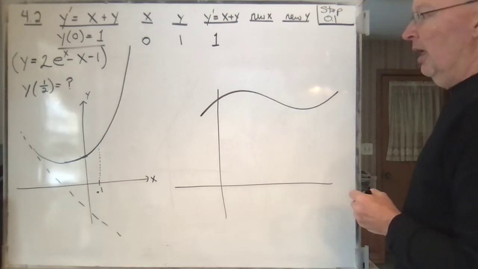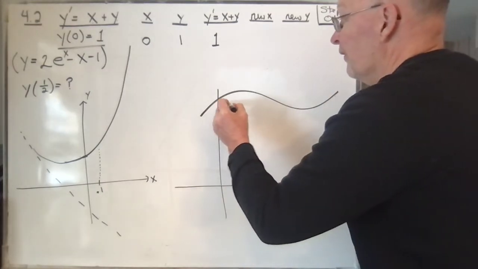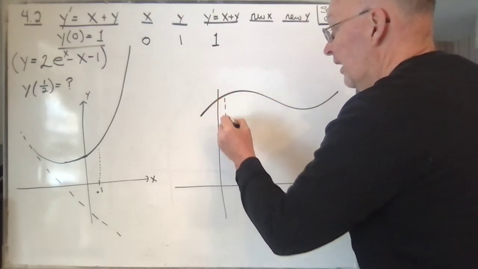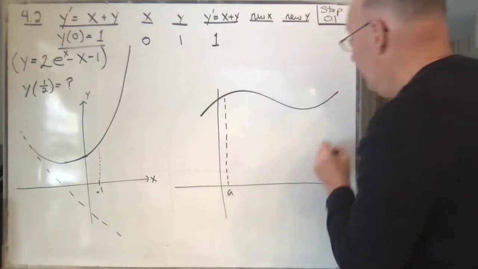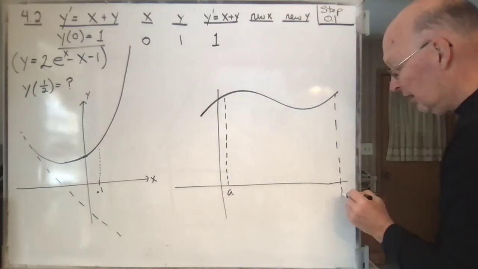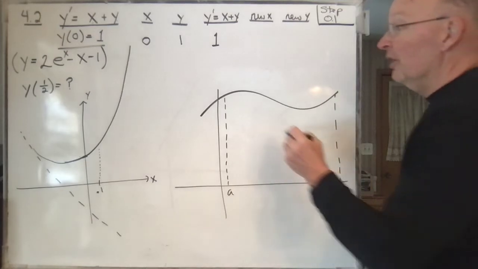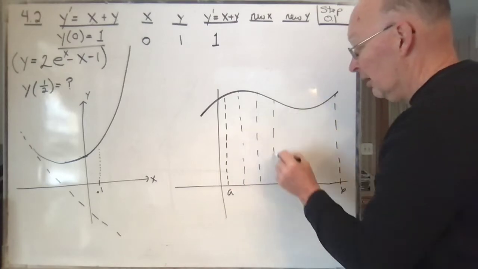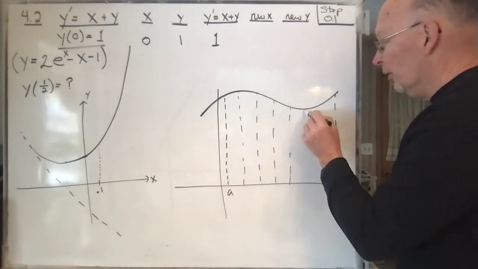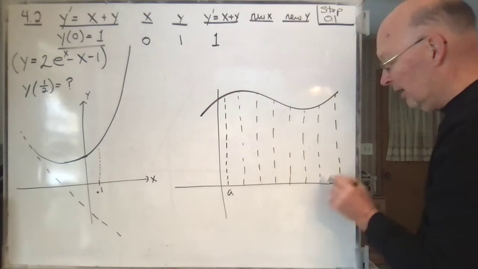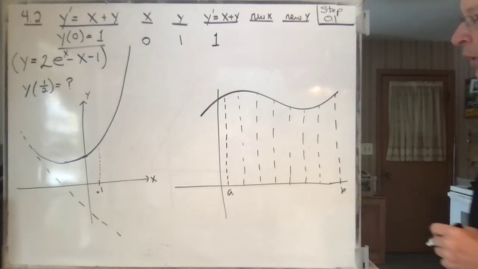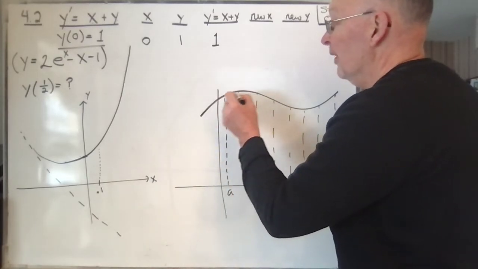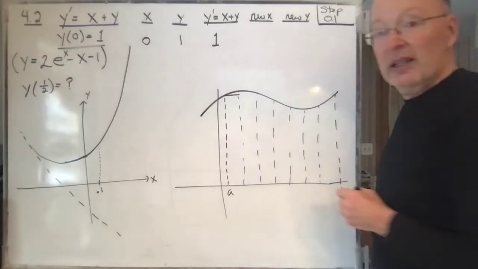Think about the integral, for example. If you want to find the area underneath the curve from, say, A to B, how did we learn to do it? You break this thing up into little subintervals. They don't have to be equal size, but they may as well be. Then we say, okay, on this first interval, let's just assume that the height of the function is always the value at that left endpoint.